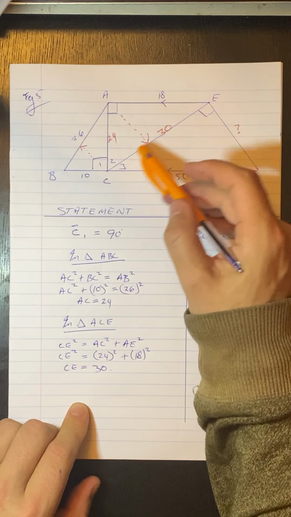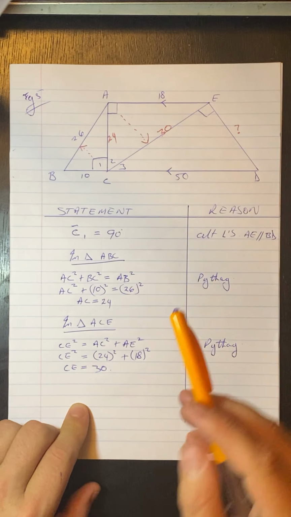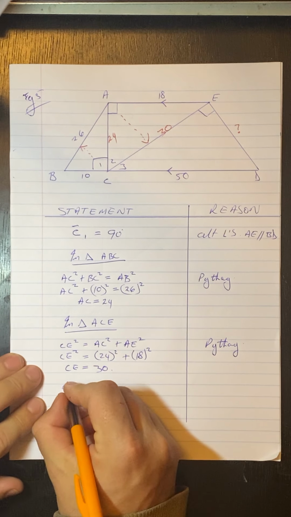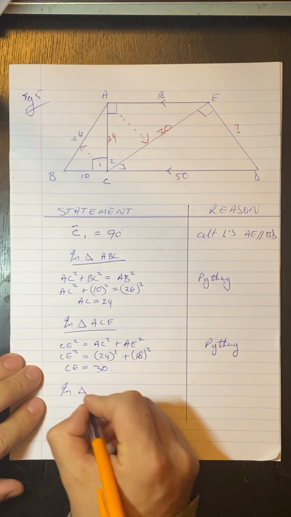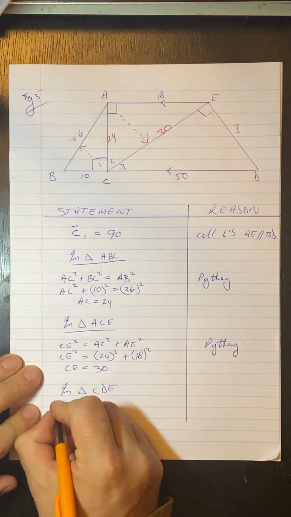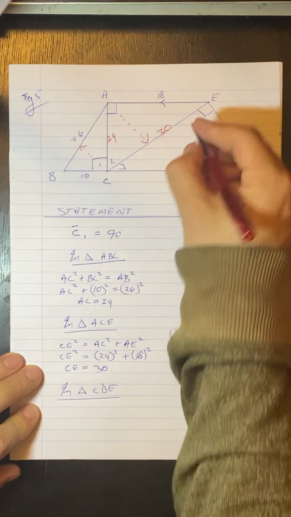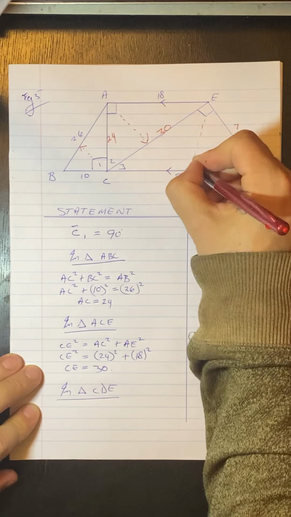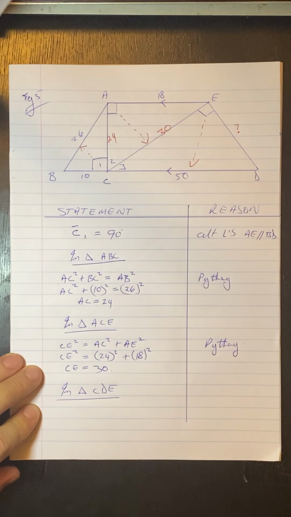Now I'm going to work in this triangle ECD, or CDE. Find our hypotenuse, so that's opposite the 90. There's our hypotenuse. So we are finding a side.